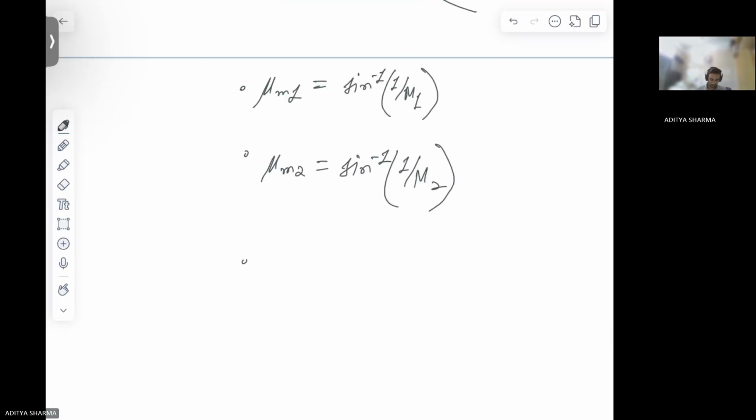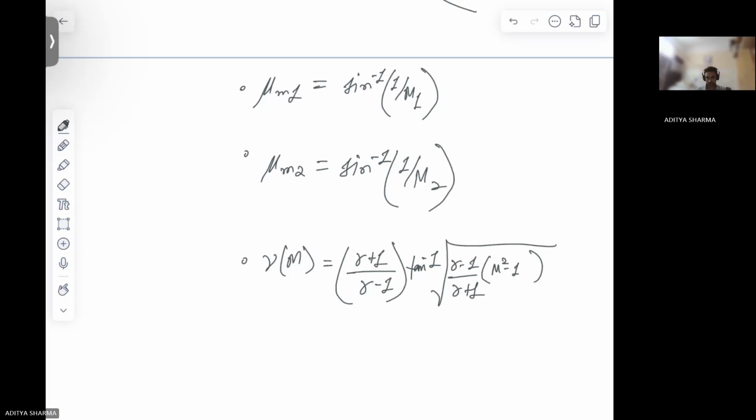Then there is the Prandtl-Meyer function, which is this.